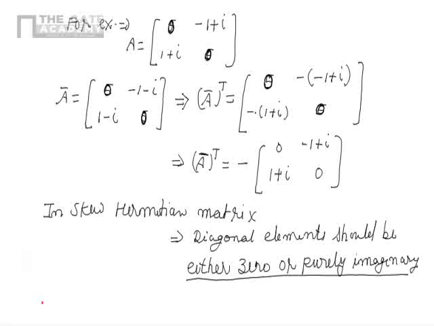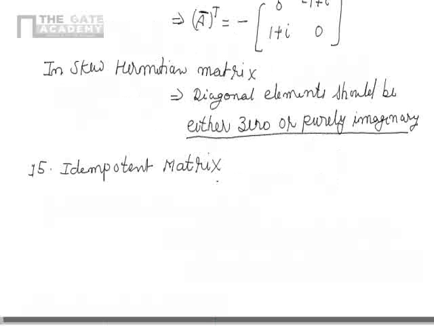Let's move to the next type of matrix, which is called the idempotent matrix. If any matrix A satisfies the condition A square is equal to A, then it is called an idempotent matrix. The next is the nilpotent matrix.